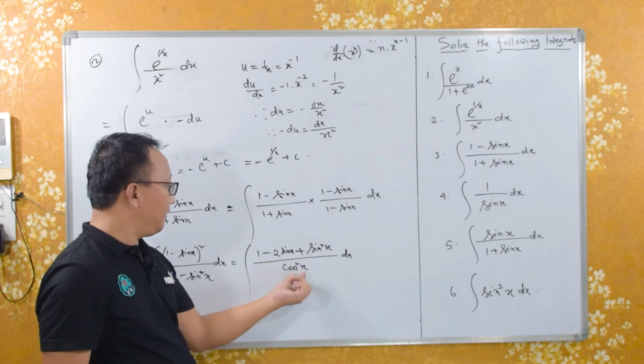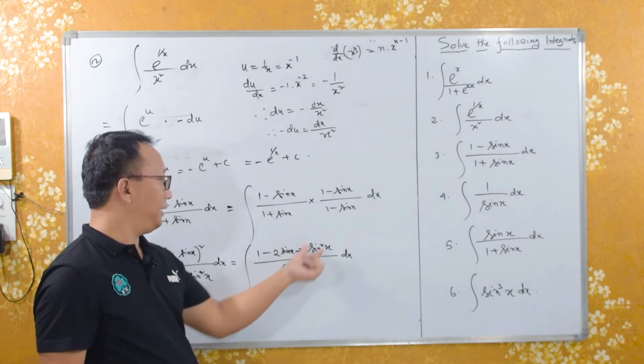what we can do is divide this cos square x into every term over here.